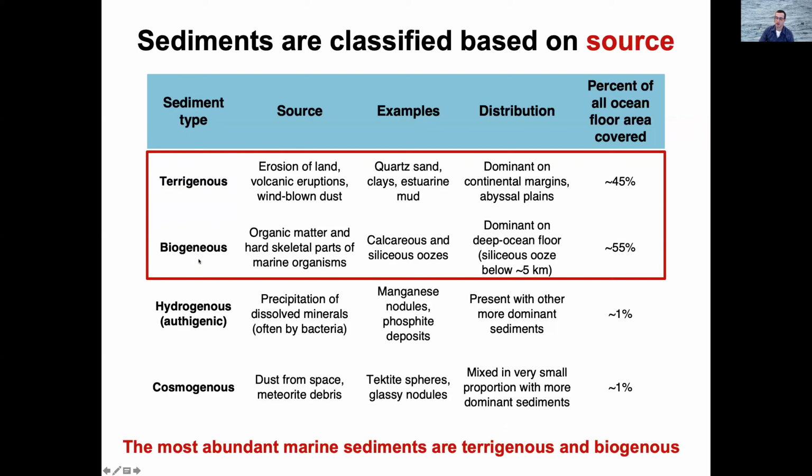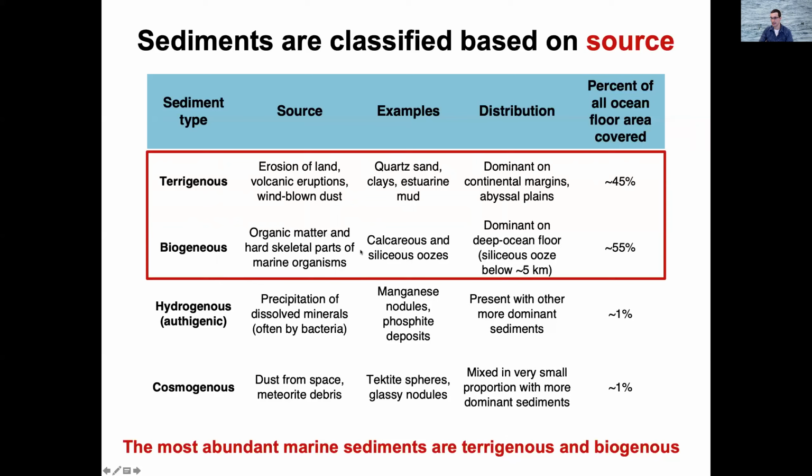Biogenous sediments are those that are comprised of essentially the leftover or dead parts of phytoplankton and zooplankton and other biological material that grows in the ocean. So it's a combination of organic matter and hard skeletal parts of marine organisms.